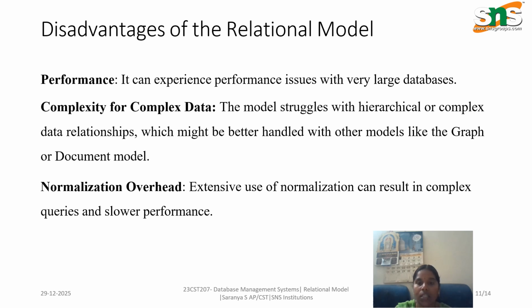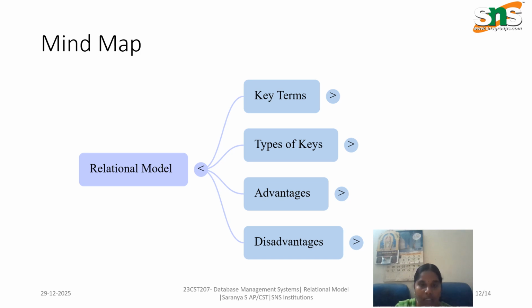The model struggles with hierarchical or complex data relationships, which are better handled with other models like graph or document models. Normalization is also an overhead. Using normalization can result in complex queries and slower performance.